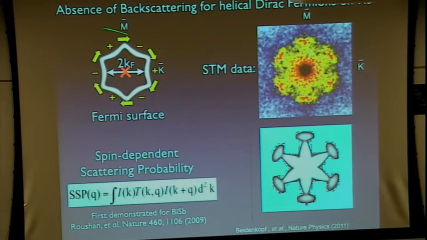So you have to include in-plane and out-of-plane spin, and if you do that, this scattering wave vector for this part of the Fermi surface starts to look just like what you expect from the ARPES measurement if you put in this spin-dependent density of states scattering.